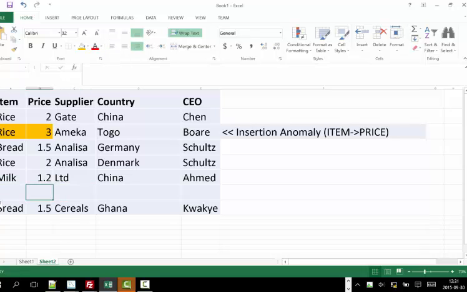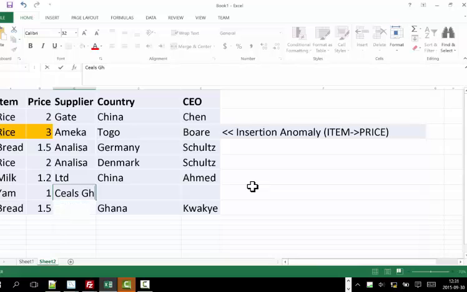So for an insertion, that means you are giving me a new row. Give me a new row that will violate this. Okay. It's cereals, Ghana cereals, sorry.